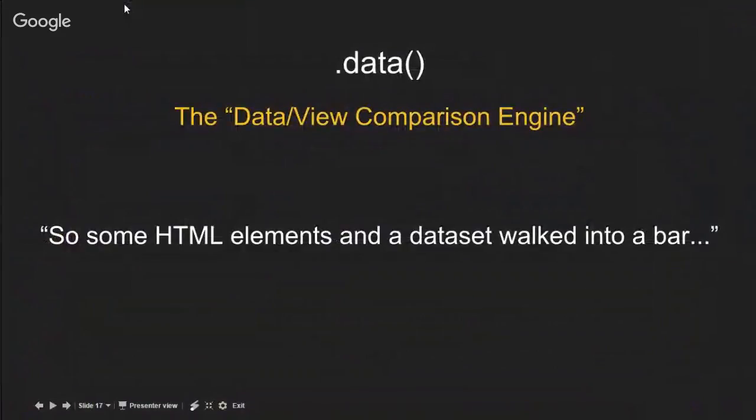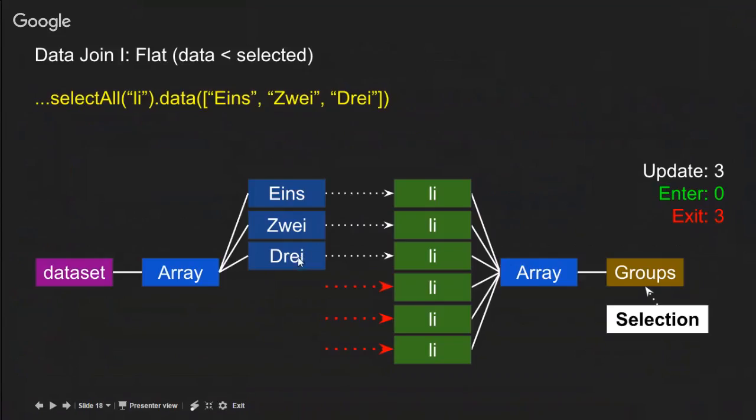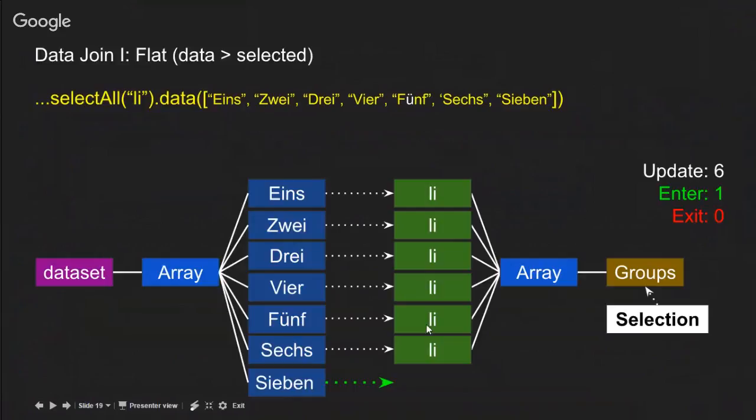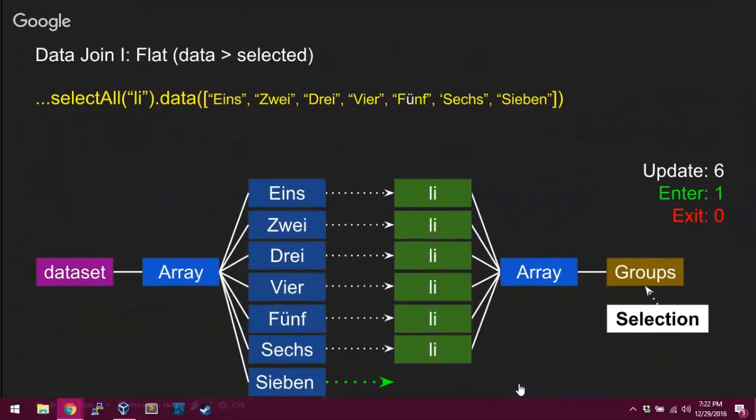So data is the comparison engine, and as far as visuals go, just to kind of hit it home, we have our data set, and when things don't match up, there's an exit, and when there's too many things, there is an enter.